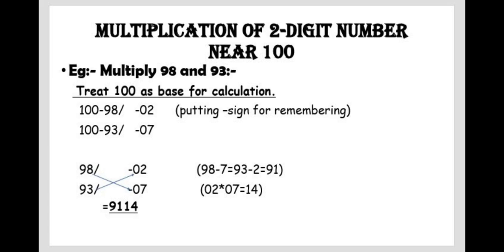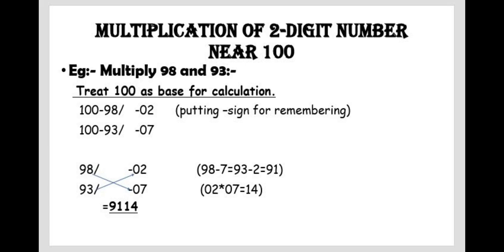Here we are taking two-digit numbers 98 and 93, which are near 100. Now the first step is to treat 100 as a base for calculation. So we will subtract both these numbers from 100. 100 minus 98 we get 2, and 100 minus 93 we get 7.